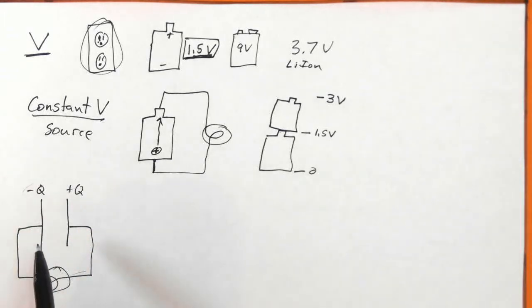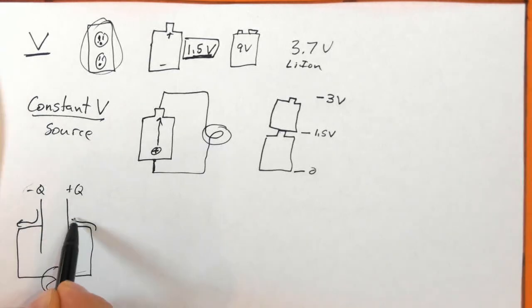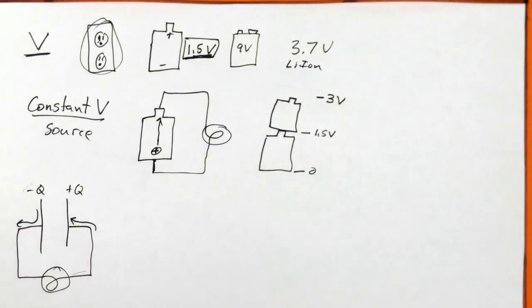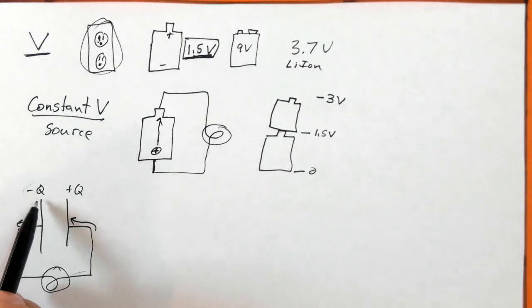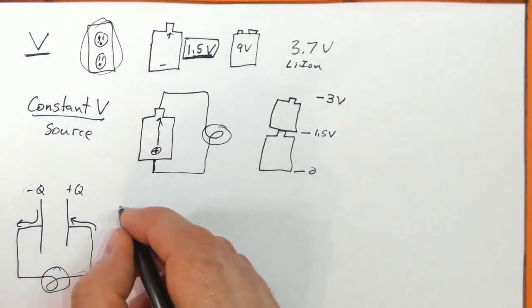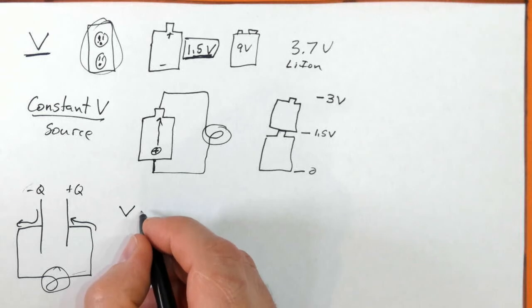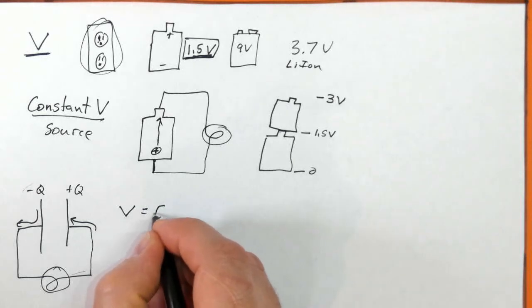Now the problem is, as a little bit of this charge leaks off and goes to the other side, suddenly the amount of charge on either side has gone down a little bit. And we know that the potential is proportional to the charge by the electric field.